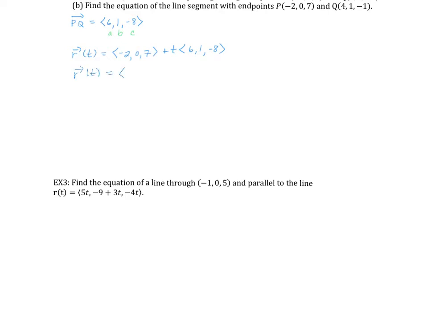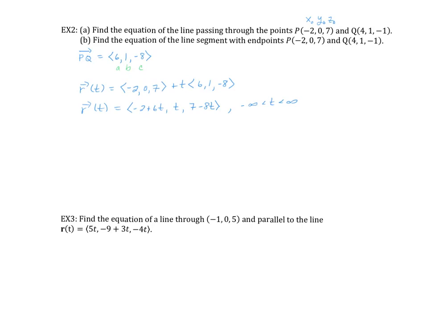And when we combine this, we get -2 plus 6t, 0 plus 1t, so that's just t, 7 minus 8t. To indicate that this is a line, I would also state that my t values are going to go from negative to positive infinity. So this was our part A.